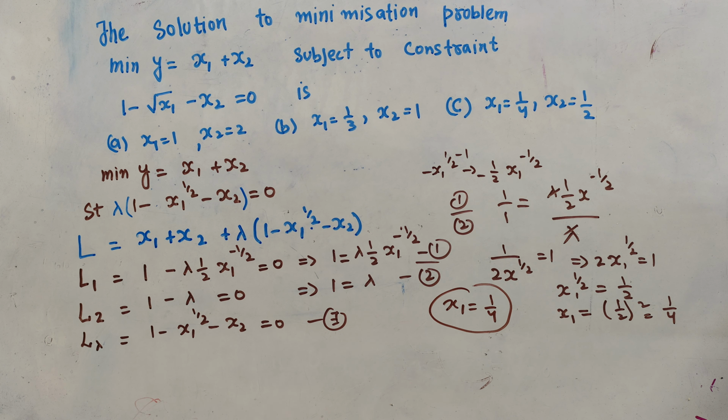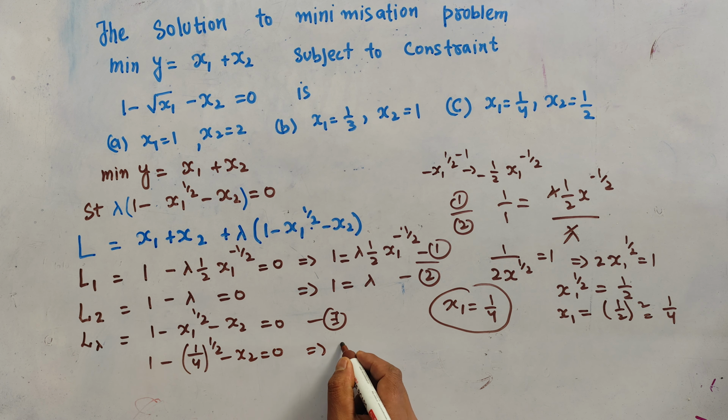To find the value of x2, we plug x1 equals 1 upon 4 into equation third. So 1 minus 1 upon 4 raised to the power 1 upon 2 minus x2 equals 0.